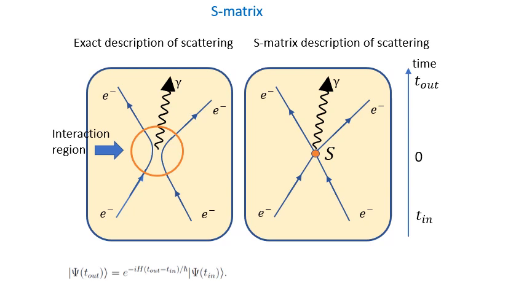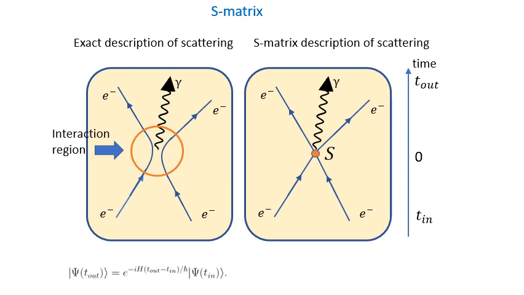Note that while the particles are outside the interaction region, either before the collision or after it, their dynamics is well described by the non-interacting Hamiltonian H0. The corresponding time evolution calculations can be done very easily.